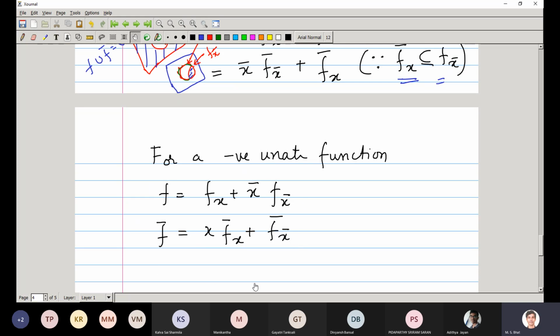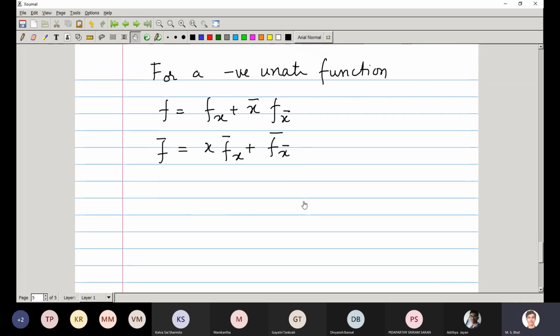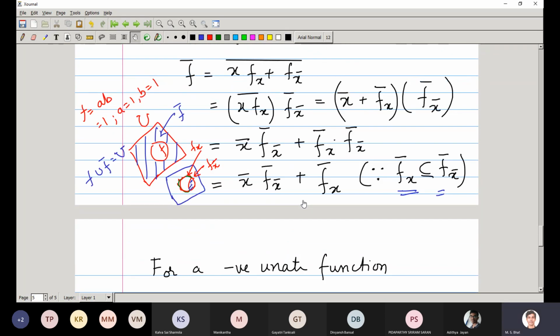This is for a negative unit function. You can try some examples and see whether you get the same answer. If you have any questions, please go ahead.